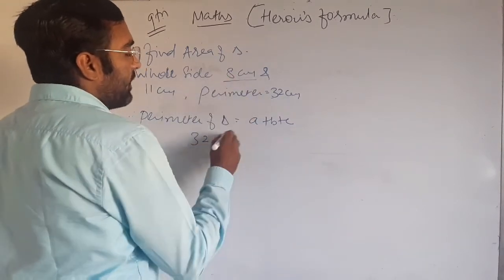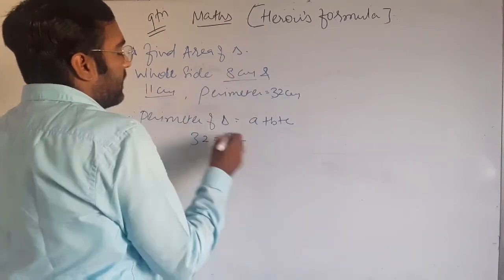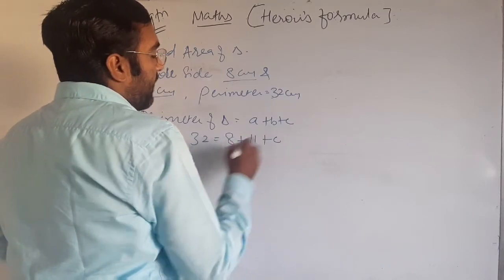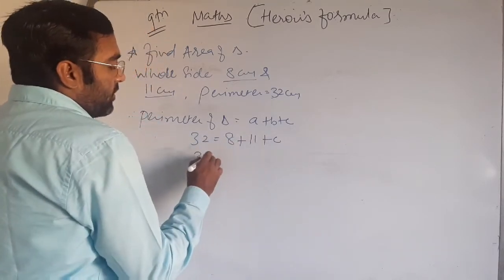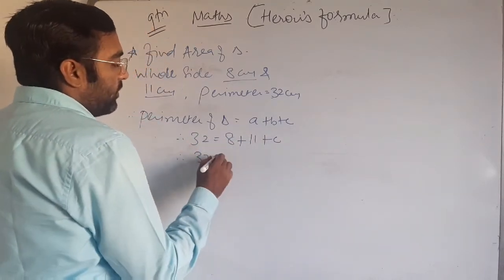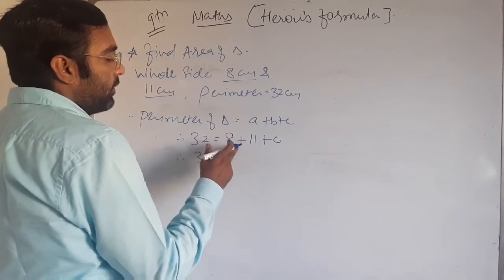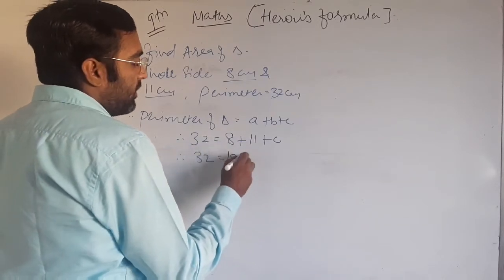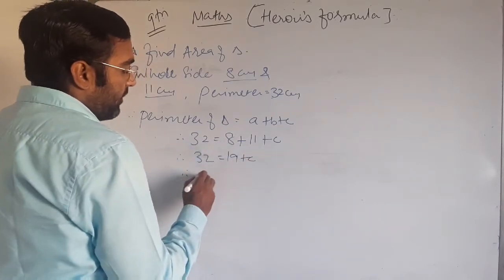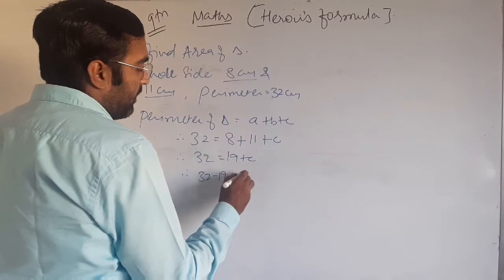One side a is given as 8, the second side b is given as 11. Find the third side. So 32 equals 8 plus 11, 19, plus c. Therefore 32 minus 19 equals c.